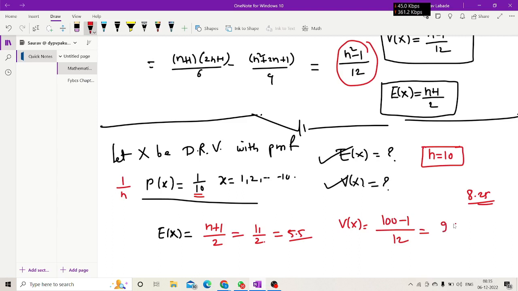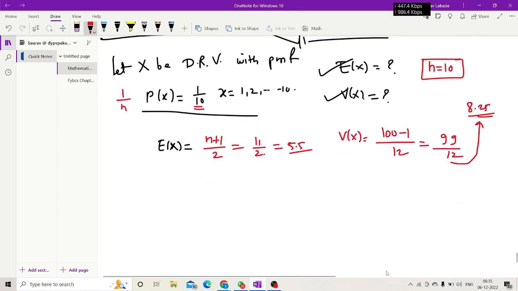So that will be 99 by 12, right? And if you solve this, you will get this answer. So this is how we can find the mean and the variance. So that was all about the uniform distribution.